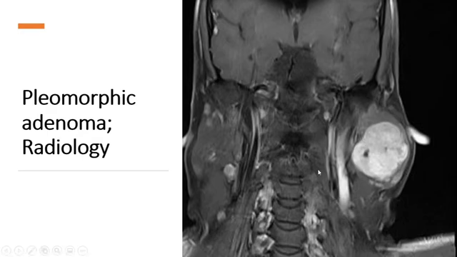Radiological imaging is important to demonstrate the well demarcation and intact border of the tumor surrounded by a rim of non-tumorous parotid parenchyma, presenting as cervical or pre-auricular swelling.